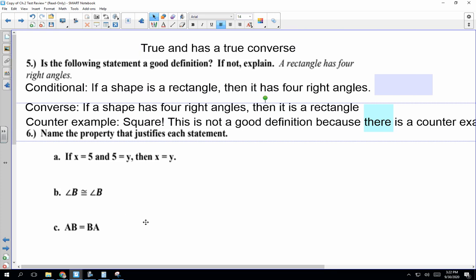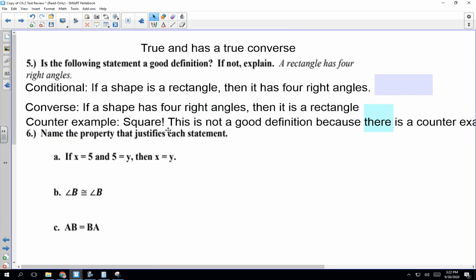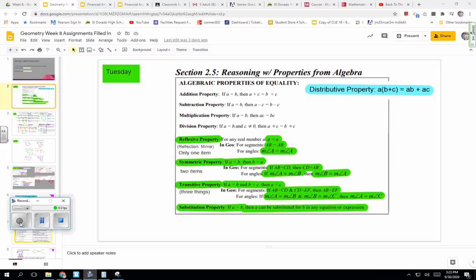All right, number 5. Name the property that justifies each statement. So if x is equal to 5 and 5 is equal to y, then x is equal to y. If you don't remember, it's the one that has 3 different things: there's an x, which is 1, a 5, which is 2 items, and a y, which is 3 items. Let me pull up our notes and you can see which one it's going to be.